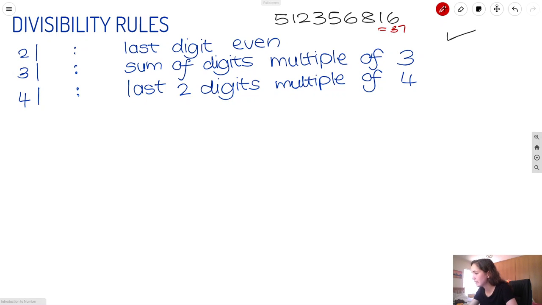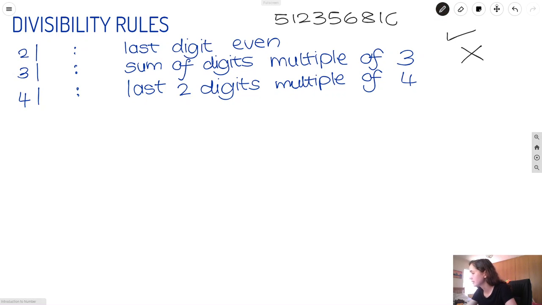However, 37 is not a multiple of 3, so this number would not be a multiple of 3. If we were to make this instead 5, then the sum of the digits would add up to 36, and it would be true. So 36 would be a multiple of 3.